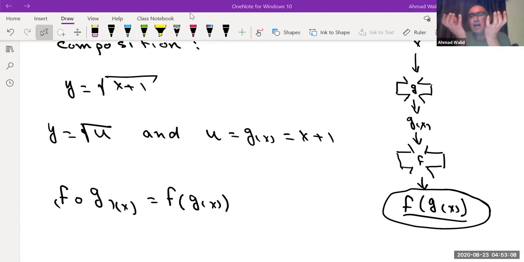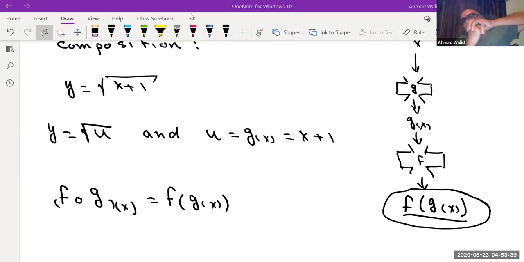If someone is asking me to find f of g, I'll take my function g and I'll bring it inside function f. How? It means whatever g is, I'll plug it in the variable of f. I'll take it from here, bring it inside f. That's what we call composition.